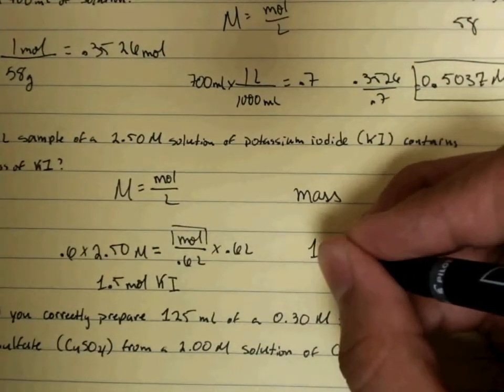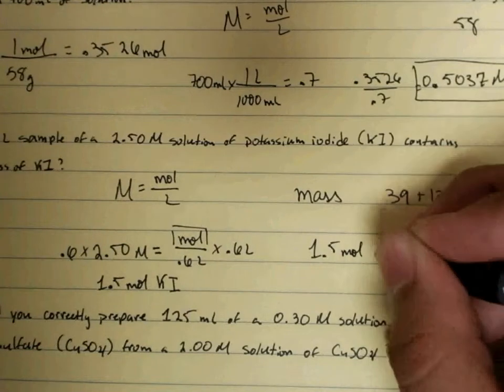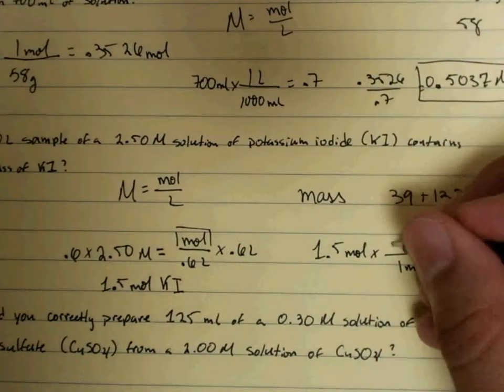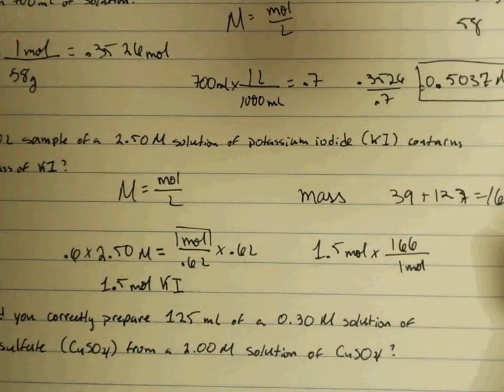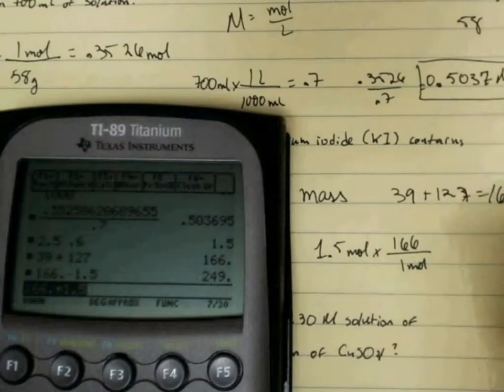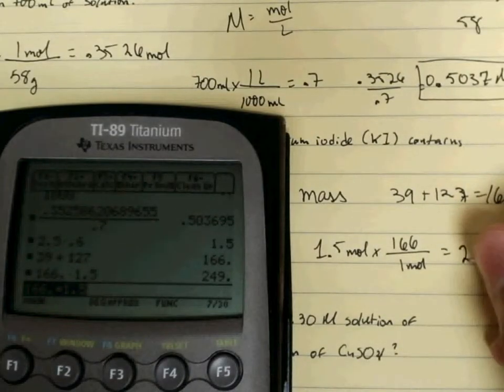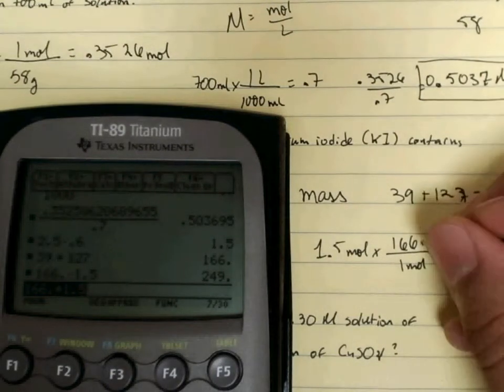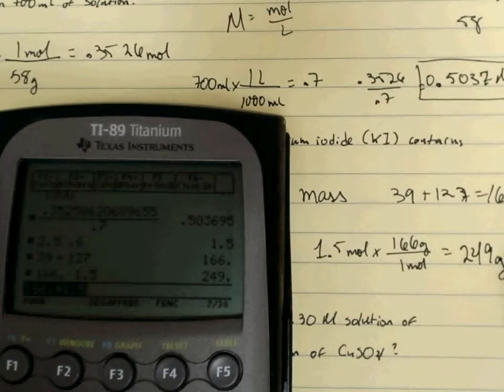Well, if I have 1.5 moles, I need to get rid of moles. 1 mole is at the bottom, and I have 166 at the top, so I'm going to multiply it by 1.5, and I end up with 249 grams of potassium iodide.